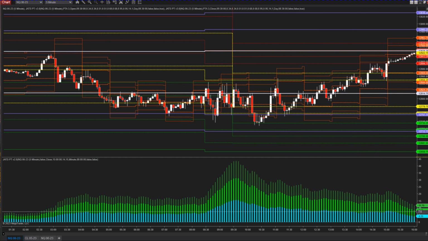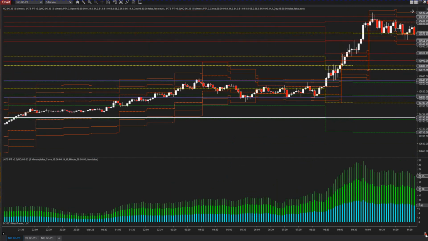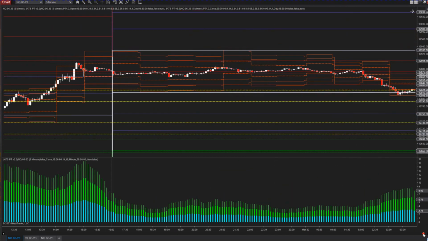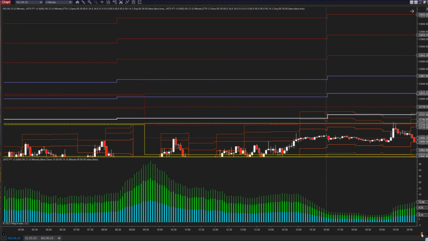And you'll see how price reacts to these first standard deviations of the Globex as well, intraday, especially overnight, but intraday as well, especially the 2s and the 3s.